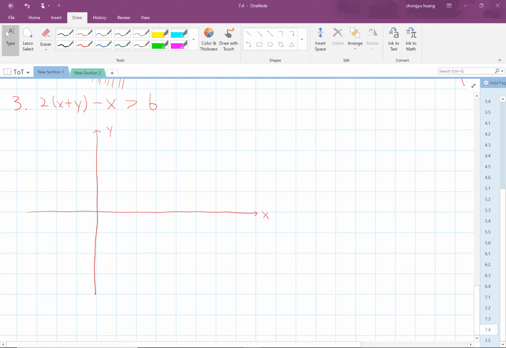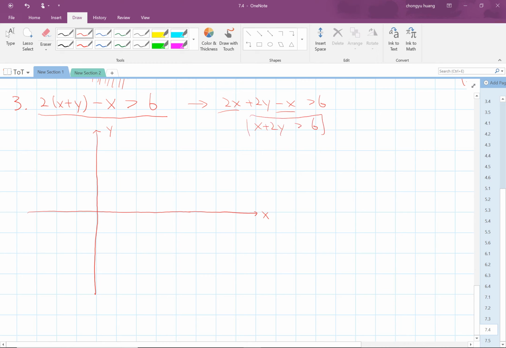First of all, you can see this equation is not in the simplest form, right? So the first thing is you have to simplify it. 2x plus 2y minus x is bigger than 6. 2x minus x is x, so x plus 2y is bigger than 6.